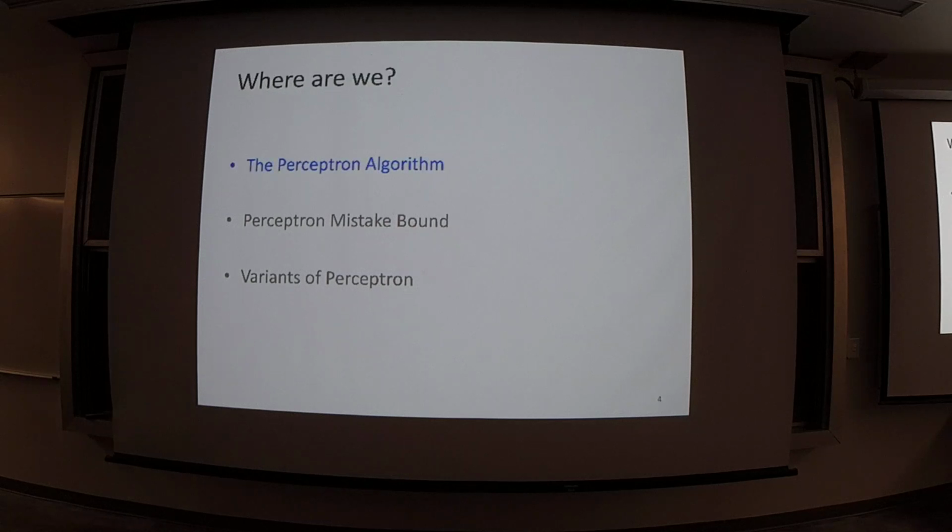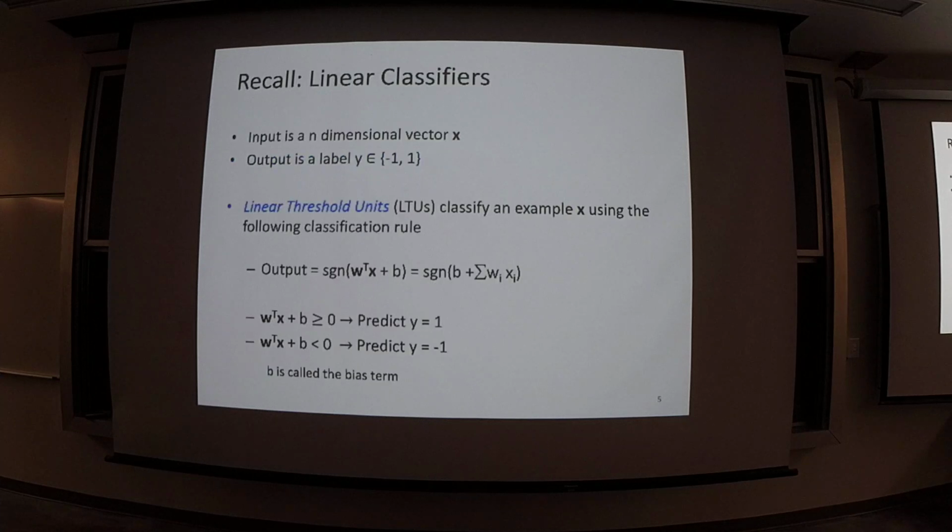Before we dive into the details of the Perceptron algorithm, I would like to briefly review the setting for linear classifiers. In general, we assume that our input is an n-dimensional vector x, and the output is binary, either -1 or +1.